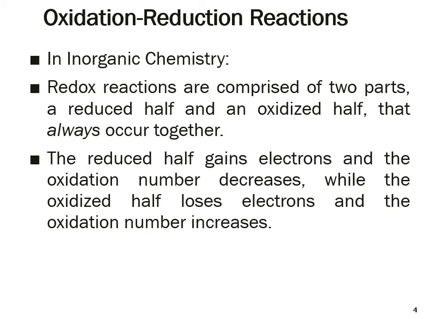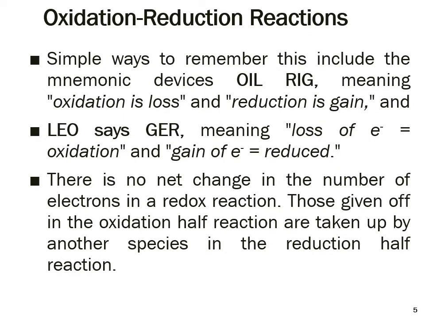They always occur together, like oxidation and reduction is happening at the same time. The reduced half gains electrons and the oxidation number decreases, while the oxidized half loses electrons and its oxidation number increases. That is the main point in inorganic chemistry.